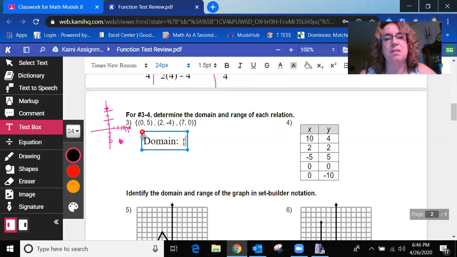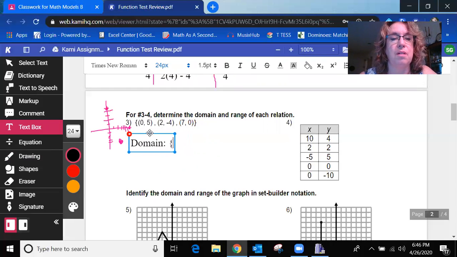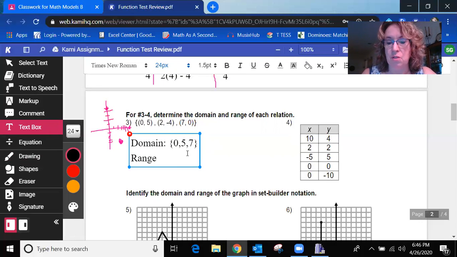For me, it's the easiest kind. It's when you just list them. So the domain are all the x's: 0, 5, 7, and range. Now the second one's 5, -4, 0.